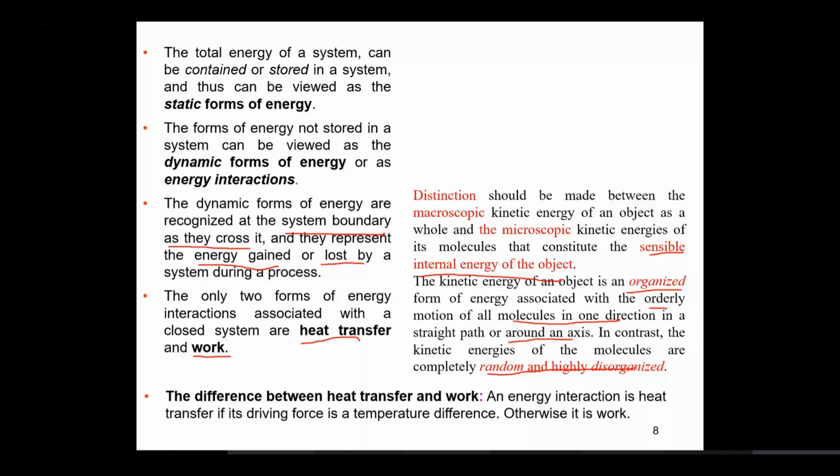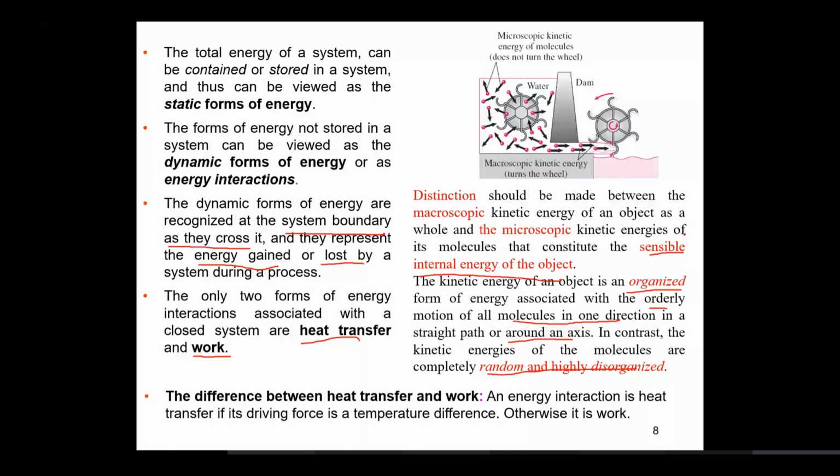How? Let's say we have this dam, there are water molecules over here. If we place the wheel in this region, the molecules are having random kinetic energies. That is, they have the internal energy, but in the microscopic form. This would not turn the wheel placed within the region.